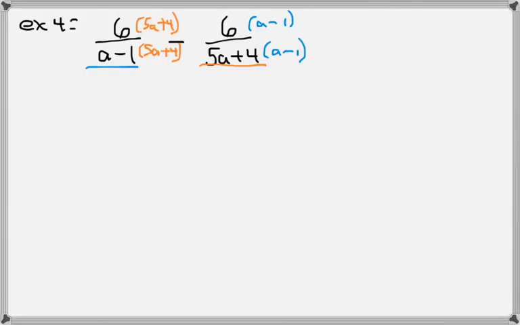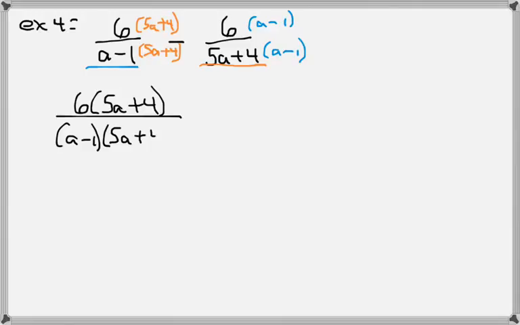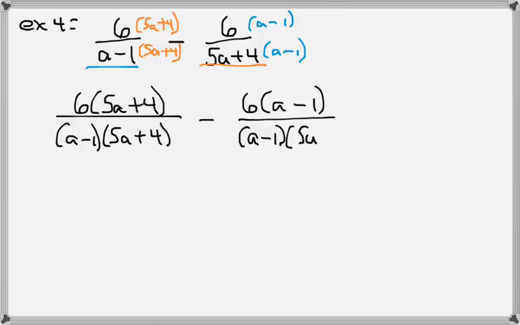So the first guy, I have my 6 times a 5a plus 4 all over an a minus 1 times a 5a plus 4. Then I have minus 6 times an a minus 1 over, I'm going to rewrite these. The order that we multiplied doesn't matter, so I'm going to keep it in the same order and write that a minus 1 first and the 5a plus 4 second.